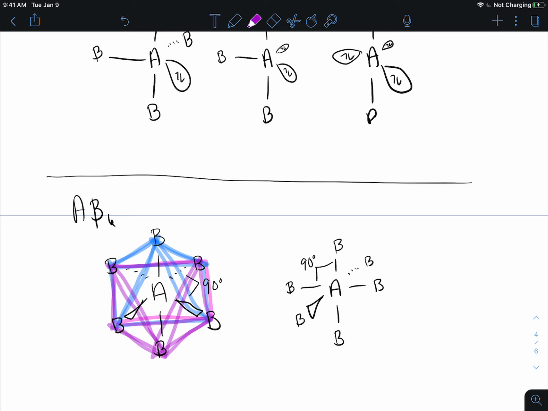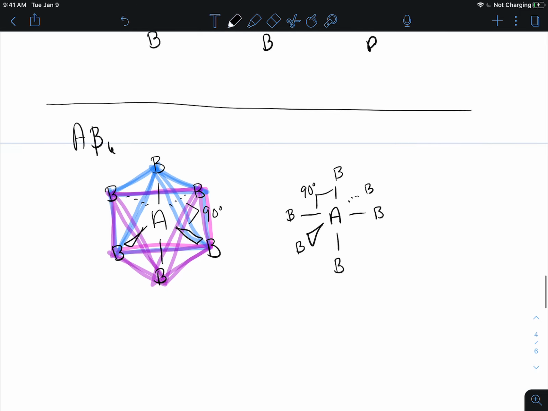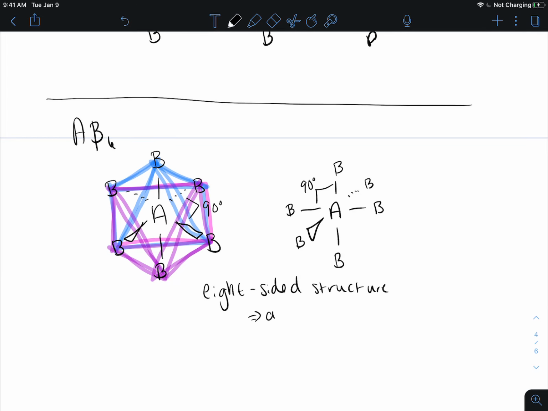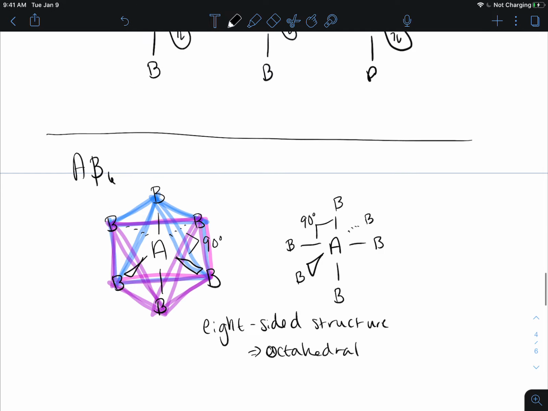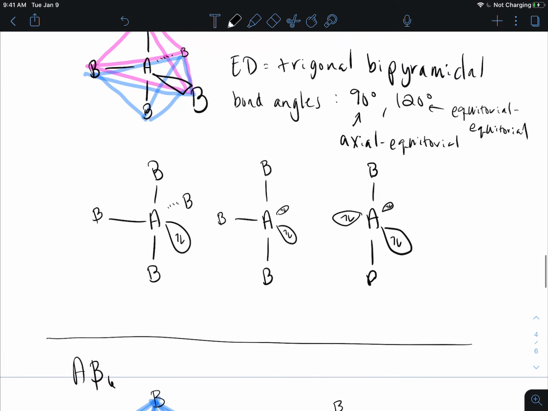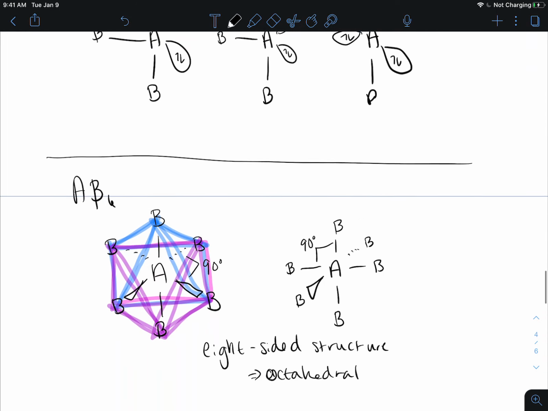So this is an 8-sided structure, which is why we call it octahedral. So here, our electron domain geometry is called octahedral.